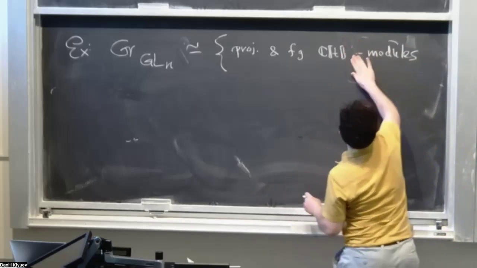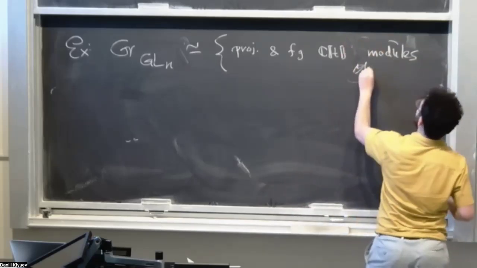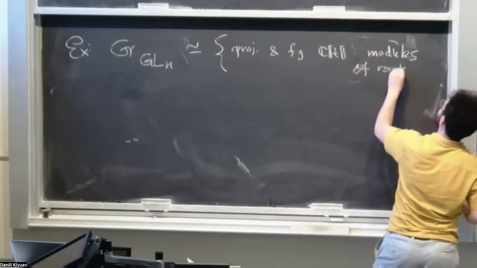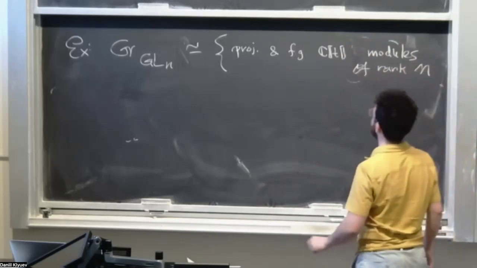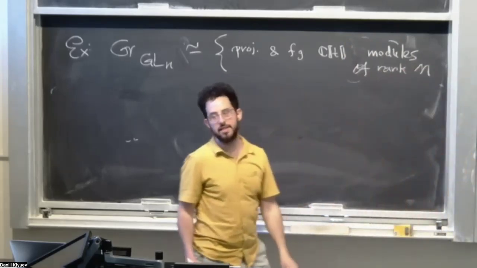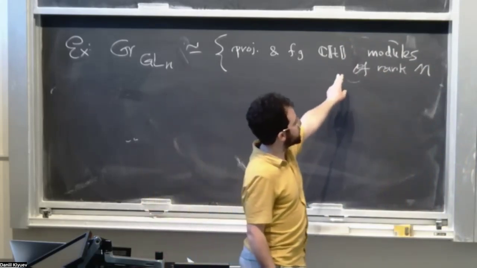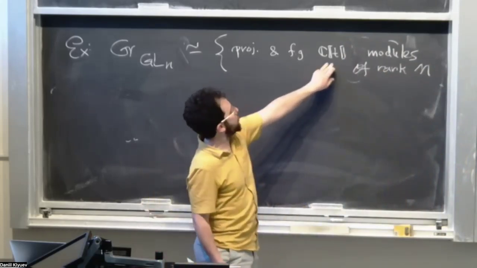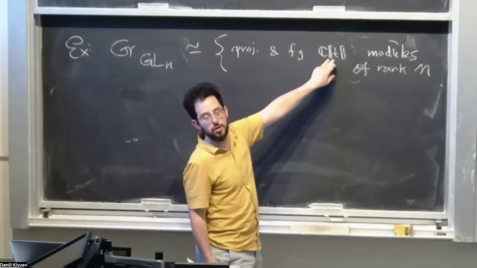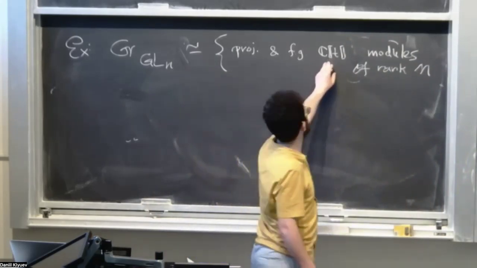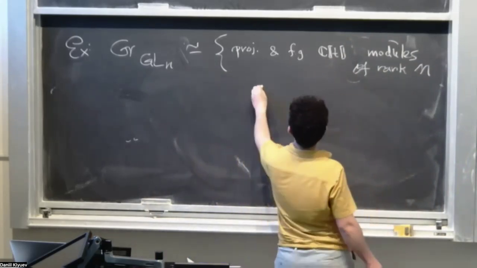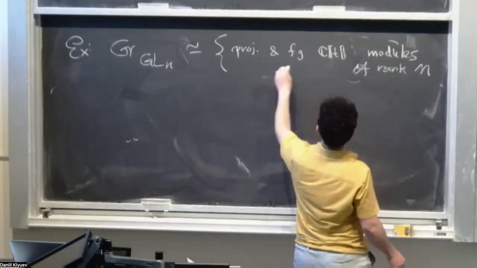Of rank N. And then we want a trivialization after we restrict to the punctured disk, which is moving to Laurent series.